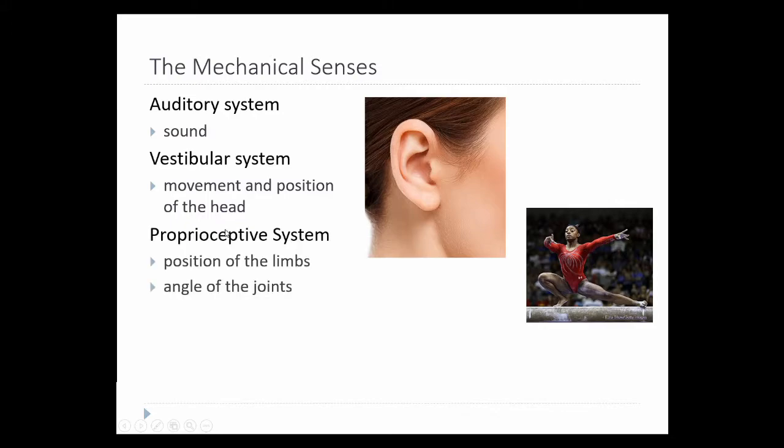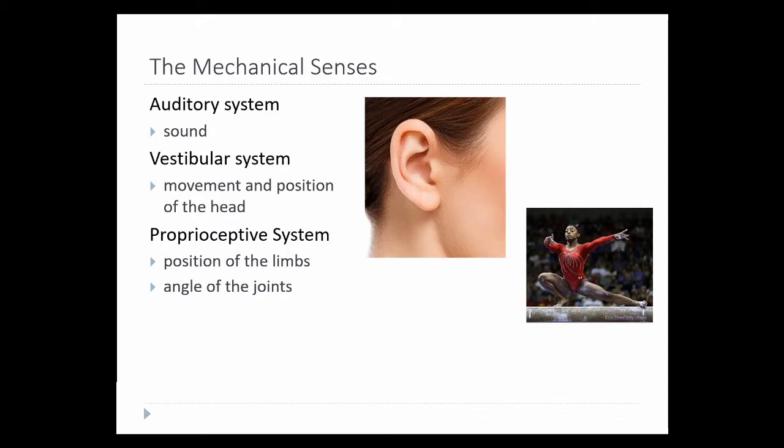We'll talk about that. The proprioceptive system is a little bit more complicated. We're not going to talk about it as much until we get into the motor systems, because this is your sense of the position of your body essentially in space and in relationship to itself.